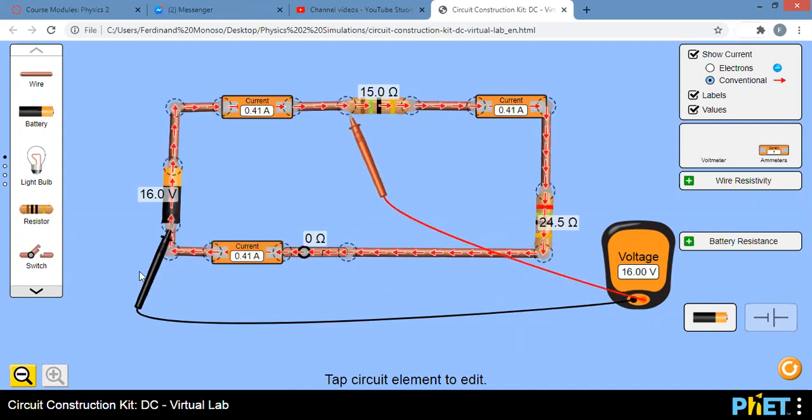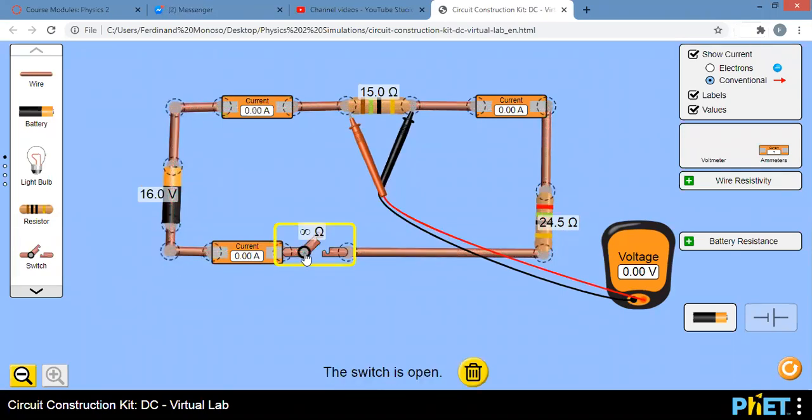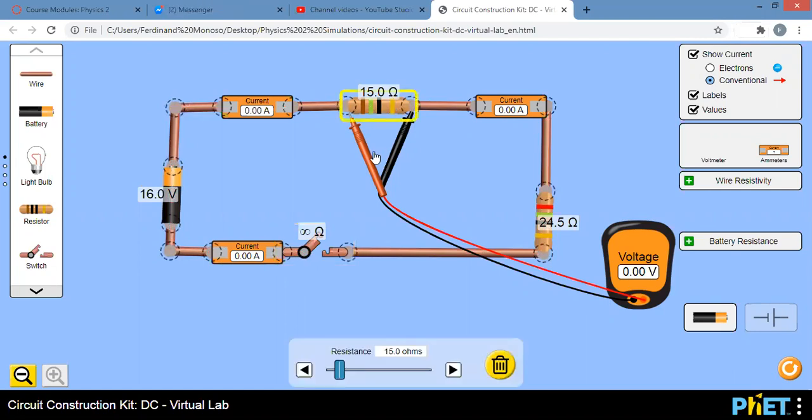Okay, now let's increase our value of resistance. Now let's say from 15, we will make it 21. From 24.5, let's increase it to 41.